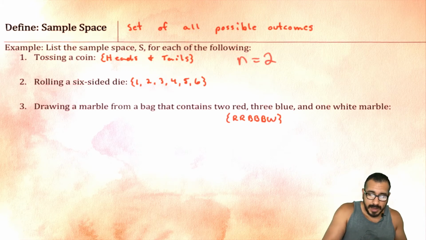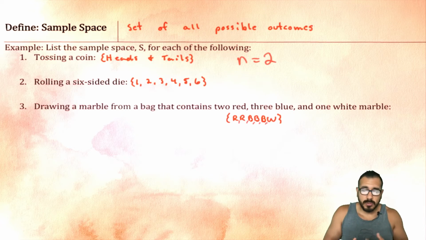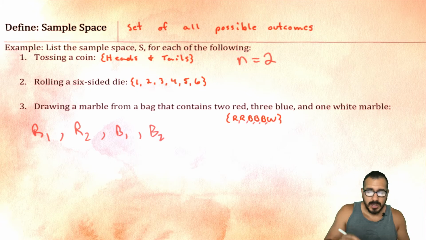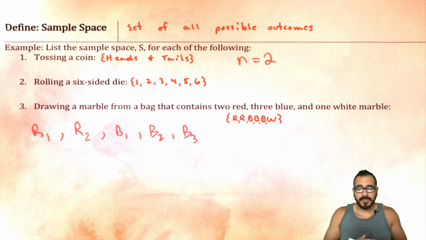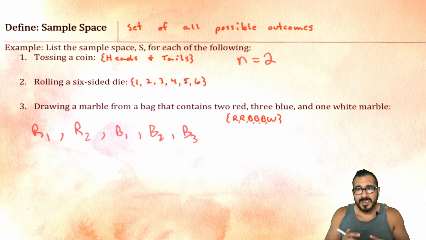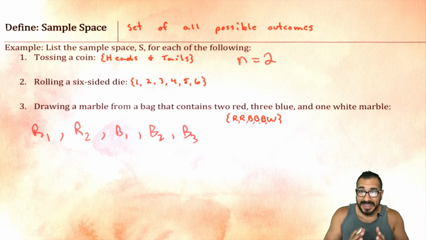And if you want, to distinguish between those red marbles, you could write R1 to represent that first red marble, R2, B1, B2, and so forth, B3, just so you know the different marbles that we're looking at here. But again, depending on your textbook, how they want you to label things, just make sure you follow their examples. All right, so there's our sample space.